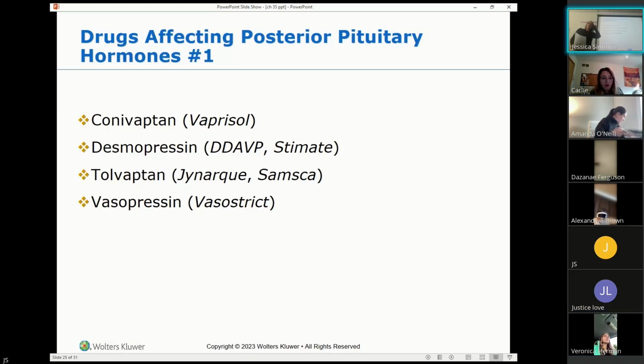Okay, so we left off on drugs affecting the posterior pituitary. Our most important and most common medications on this list is going to be desmopressin, most commonly known as DDAVP, and vasopressin.